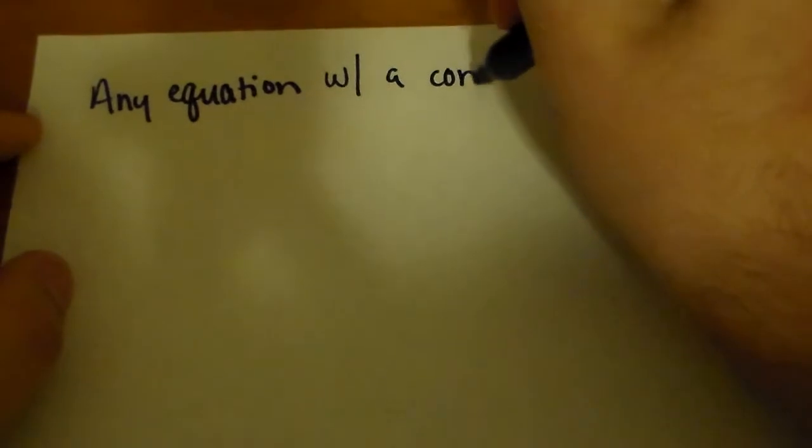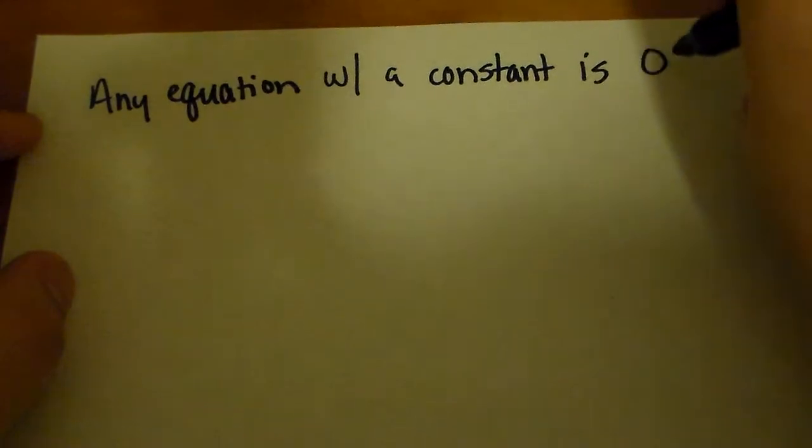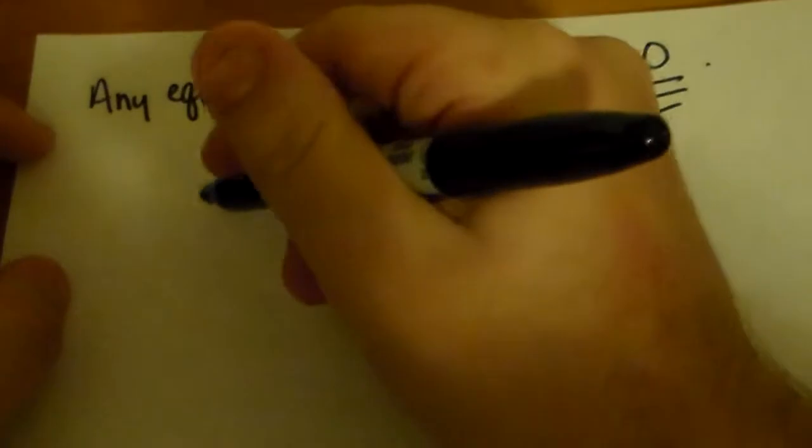So derivatives state that the derivative of any equation with a constant is 0. And I'll show you this with this equation right here.